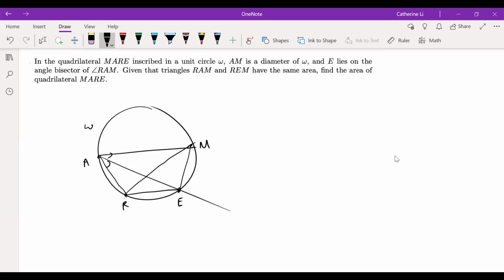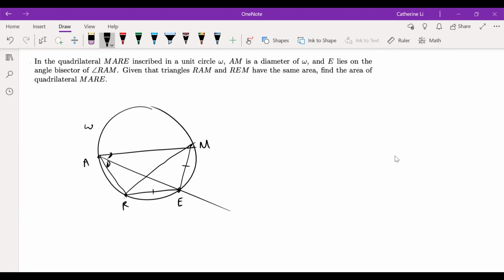But one of the first things that we can see is that RE equals EM, and that is because the angles RAE and EAM are the same, so the chords they intercept have to be the same length, which means RE has to equal EM.